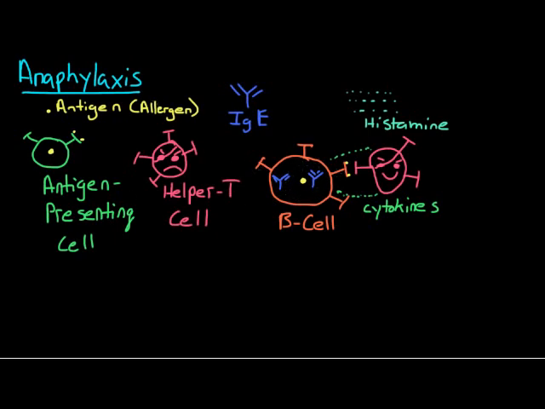Okay, so IgE antibodies get released. And so they make their way into the bloodstream, and what they're going to do is they're going to affix to a certain type of immune cell that produces inflammatory agents.